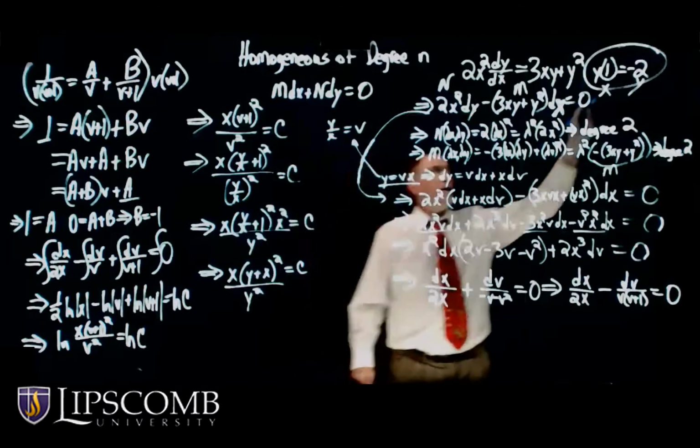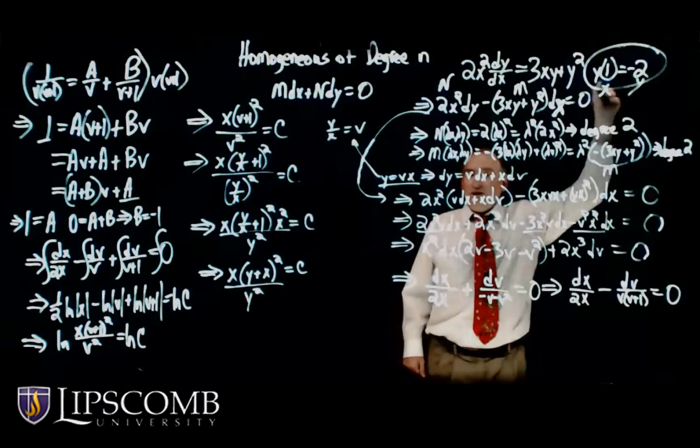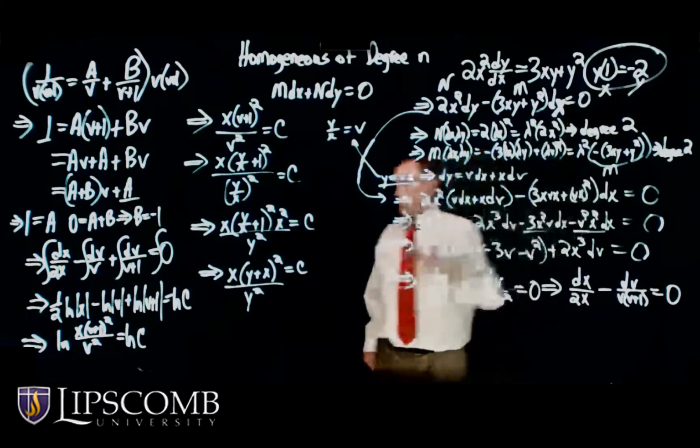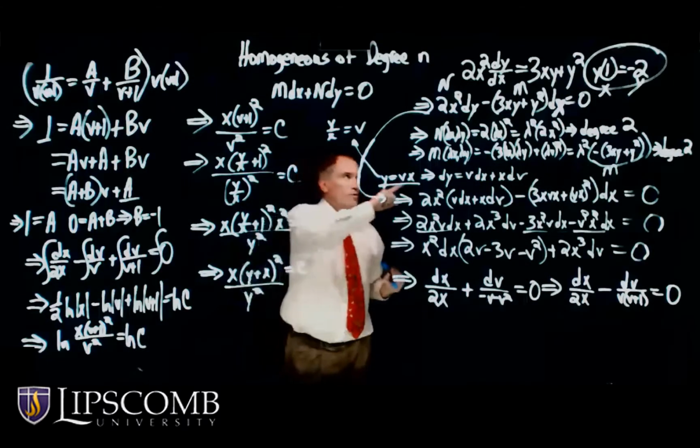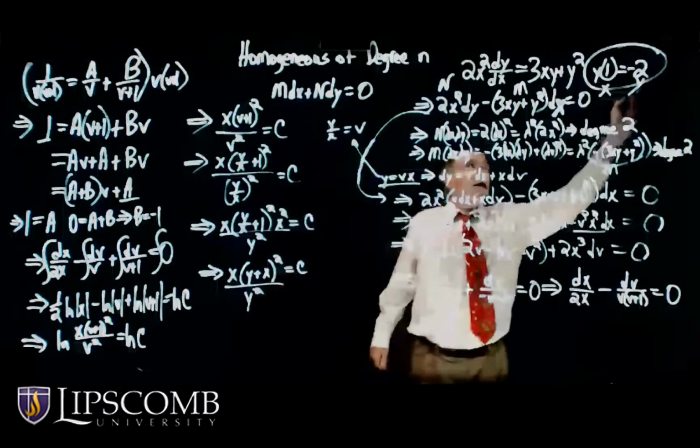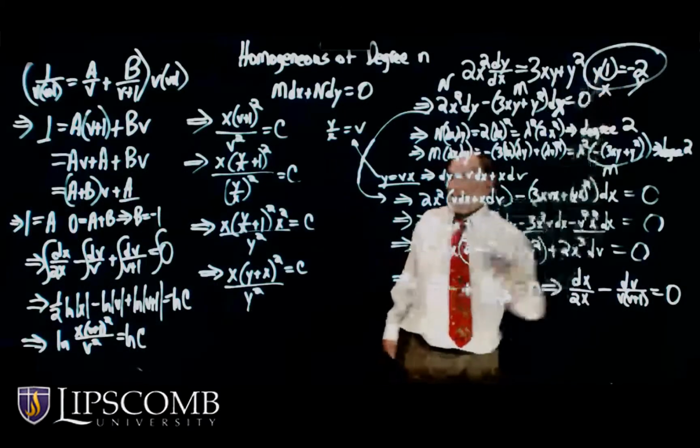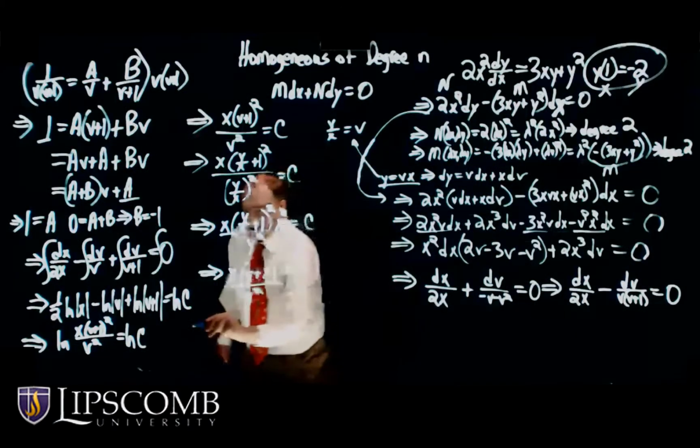Now I come back to this initial condition, which I've already circled for you. So the initial condition, the y is -2, the x is 1. So let's plug in right here.